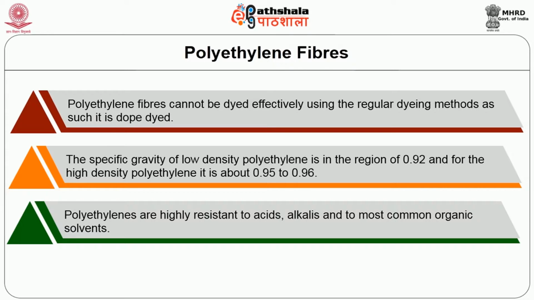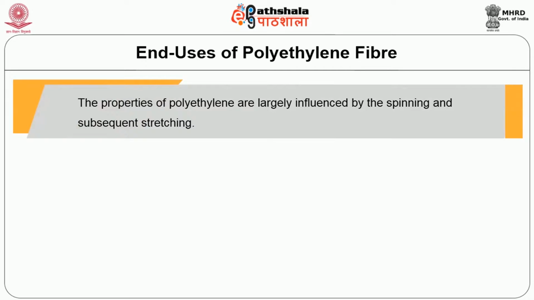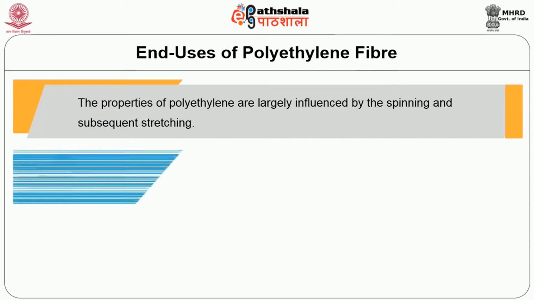Now, a brief look at the end-use applications of polyethylene fibers. The properties of polyethylene are largely influenced by the spinning and subsequent stretching, which influences the orientation of the molecules.